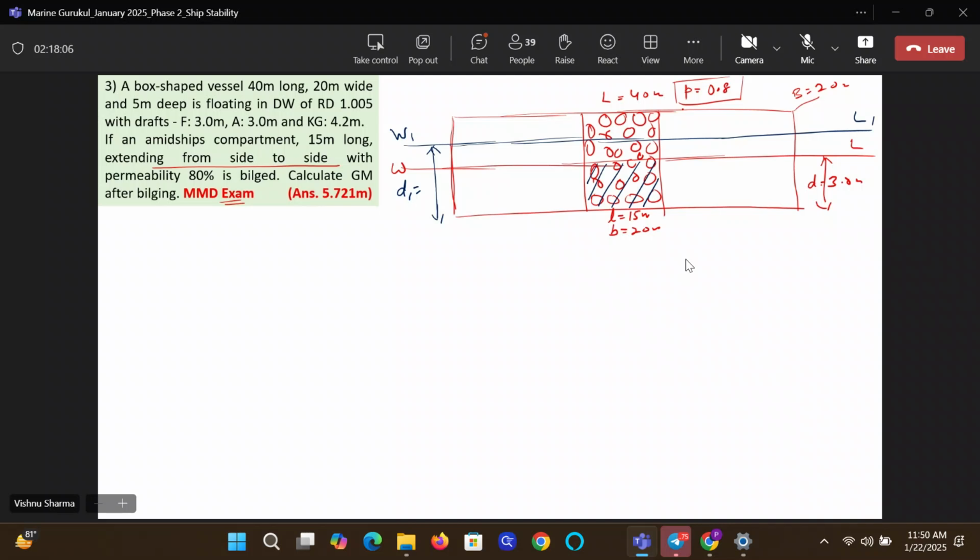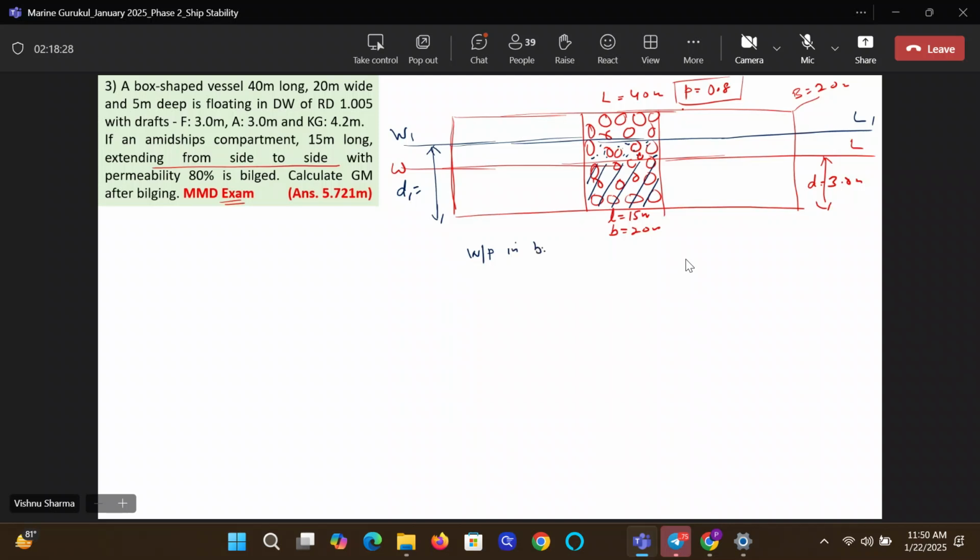Then do the needful if it is rising. So I put these dots here showing that the water will rise up to W1, L1.